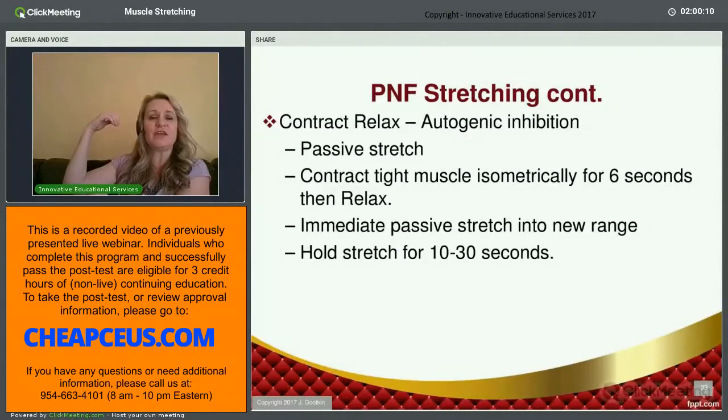Since those triceps are tight, I'm going to ask the patient to engage that tight tricep. So they're pushing out into elbow extension and I'm blocking it. So they'll do an isometric contraction of those triceps. Then they're going to relax and I'm going to move on to my next stretch. And then repeat that. They'll contract those triceps, trying to push out into elbow extension, but I'm blocking it.